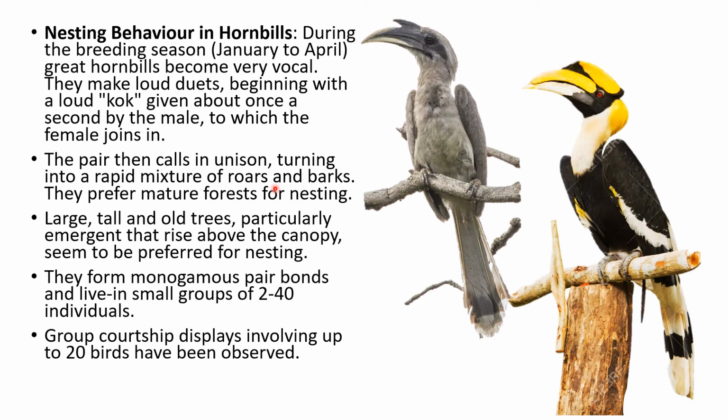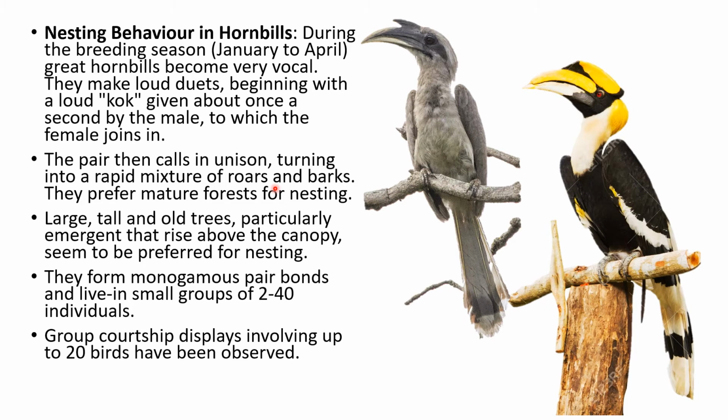During the breeding season, which is generally January to April, great hornbills become very vocal, make loud duets beginning with a loud kok, given about once a second by the male, to which the female joins in. The pair then calls in unison, turning into a rapid mixture of roars and barks.